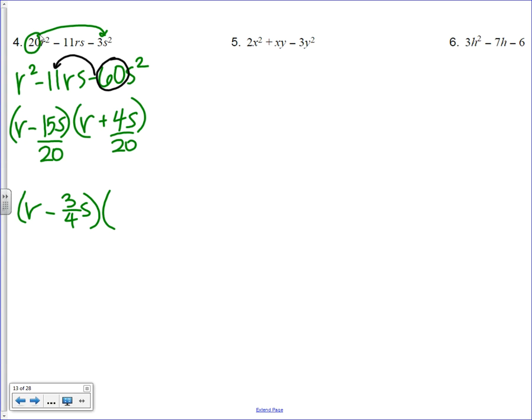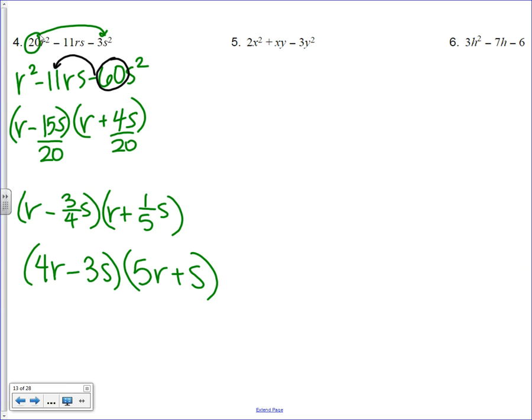Okay, what can 4 and 20 be divided by? 4, and you get 1 over 5. Okay. Slide the denominators to the front, and we get 4r minus 3s and 5r plus s, or plus 1s if you so choose.